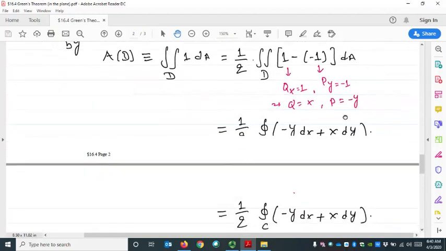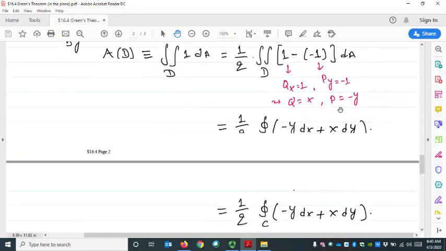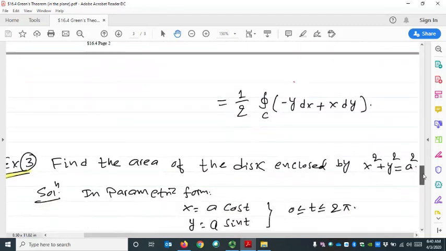Then looking at Green's theorem's right side, write down the left side, so 1/2 as it is, then the line integral of P dx plus Q dy. So now we have the formula: the area of the region bounded by the closed curve C is 1/2 times the line integral over the closed curve C of x dy minus y dx. Awesome. Let's use this formula and do one quick example.